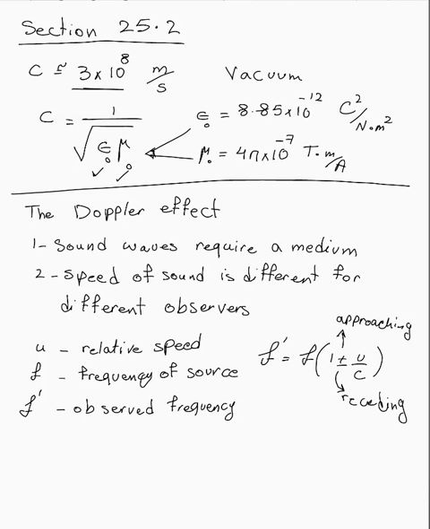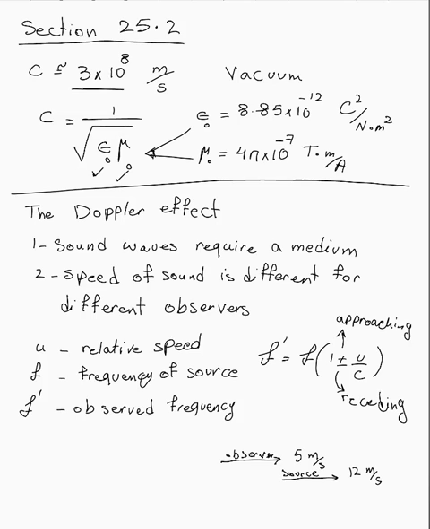Another thing that we need to take care of is that u is the relative speed between the source and the observer, both of which may be moving. For example, an observer is moving in the positive x direction with a speed of 5 meters per second, and a source ahead of the observer is moving in the same direction with a speed of 12 meters per second.